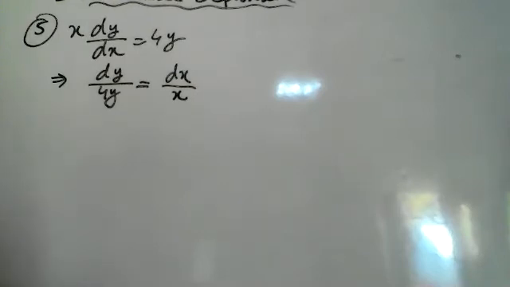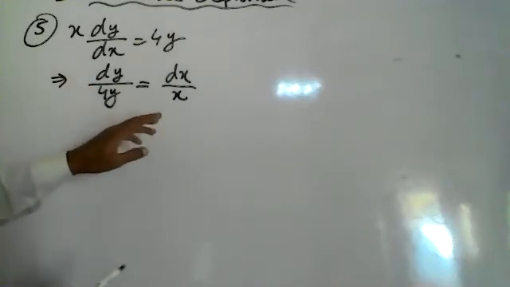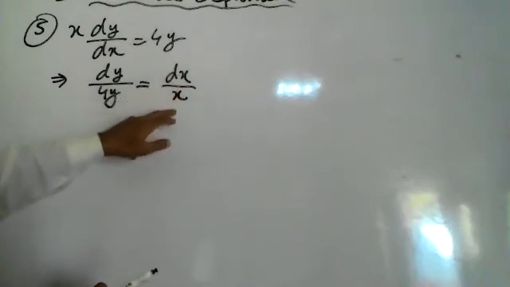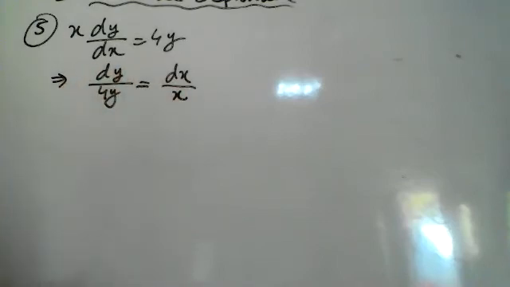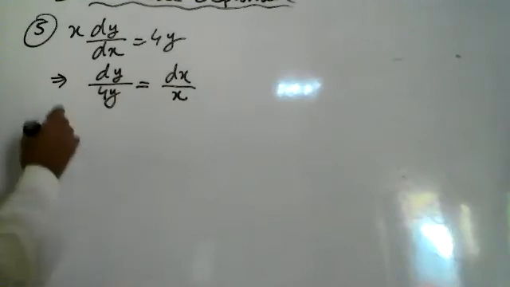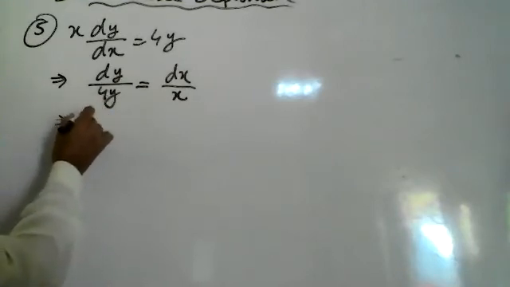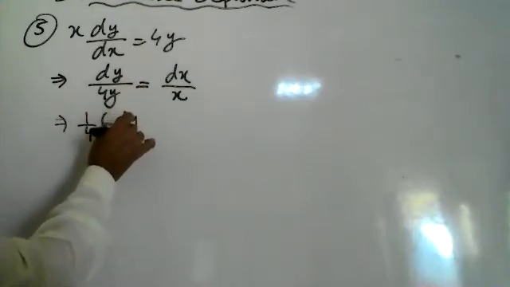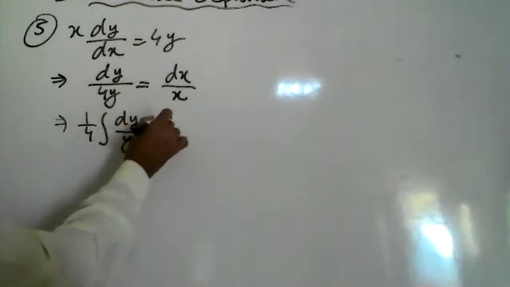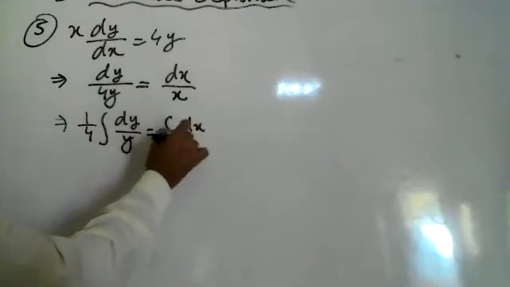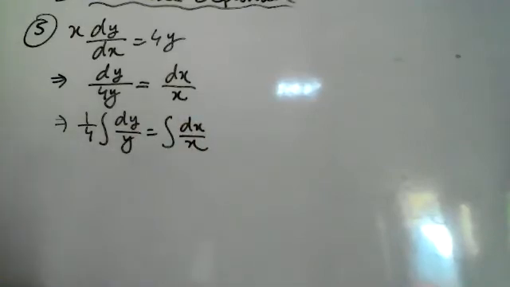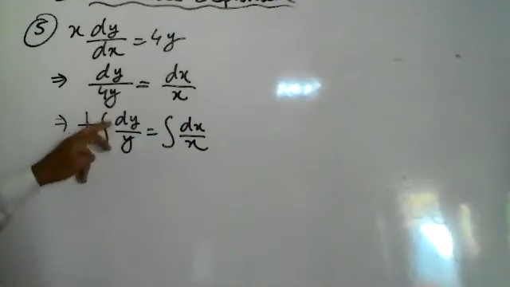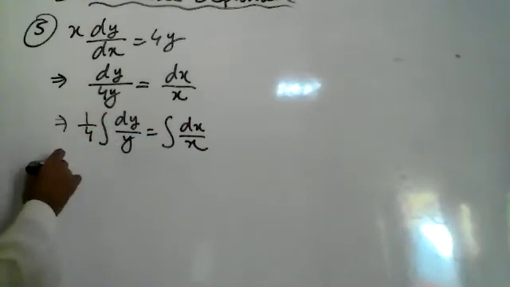Now variables are separated. On the left side are the y variables, on the right side are the x variables. So it will become 1 over 4, since 4 is constant, integral dy upon y equals integral dx upon x. The integral of 1 upon y will become ln y.